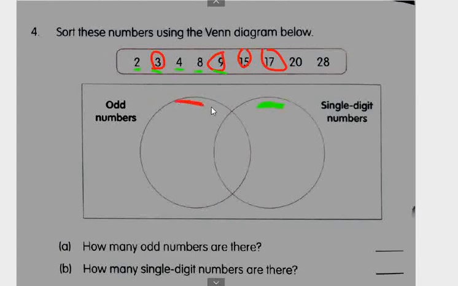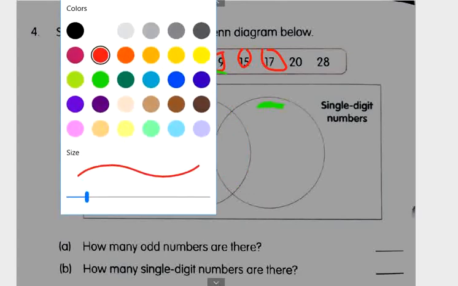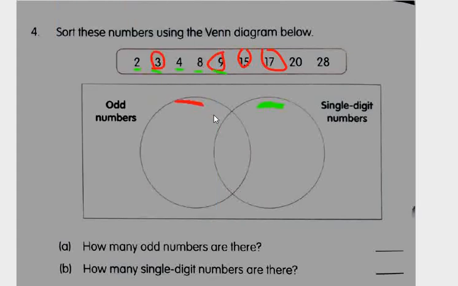How about the combined part here? Which numbers should we fill? I will mark with yellow. So pick all the numbers that are included in both categories.